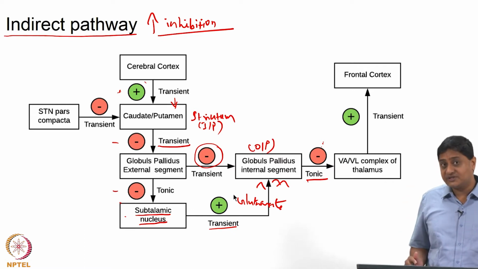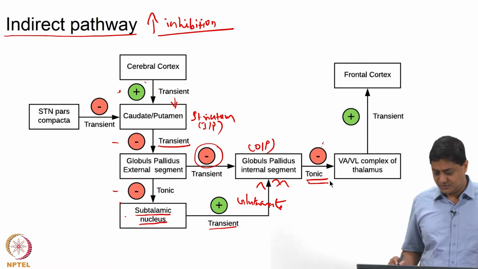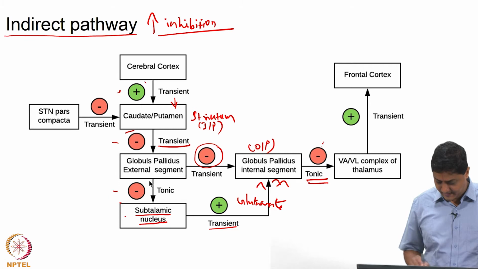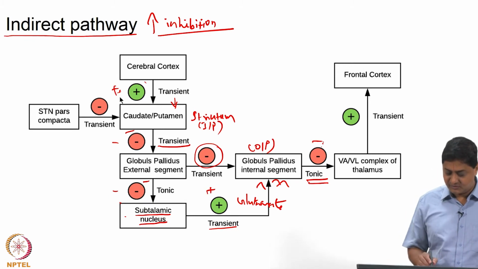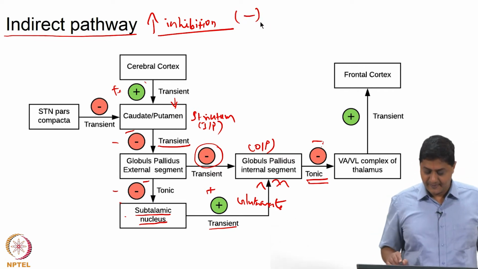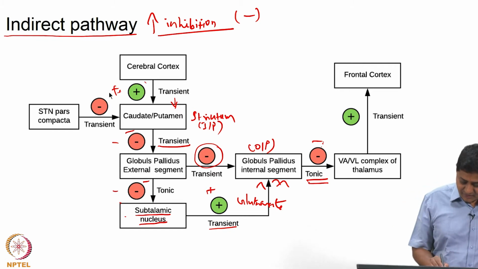And the subthalamic nucleus is actually having glutamatergic outputs to the globus pallidus internal segment, and the globus pallidus internal segment is tonically inhibiting the thalamocortical neurons. Essentially there are 3 minuses, right, and 2 pluses. That means that the net output is actually a minus. Something else is also there, that is what happens here.